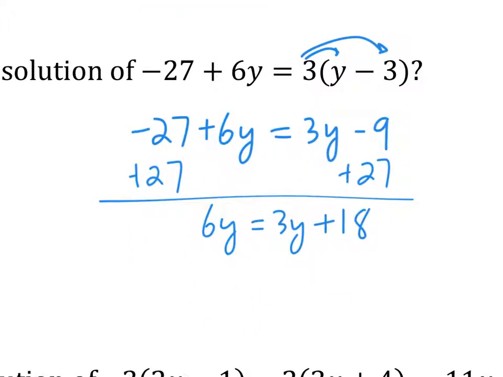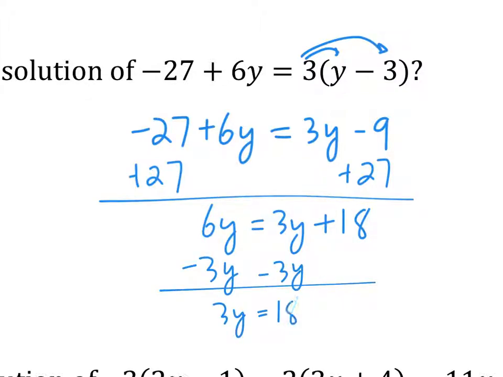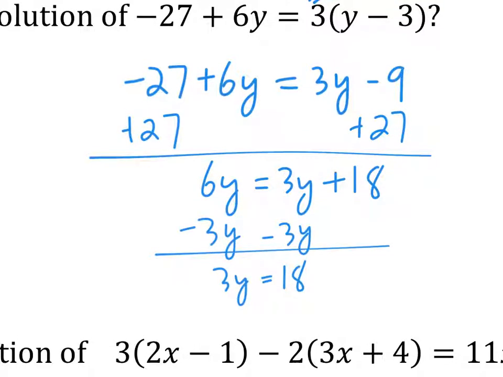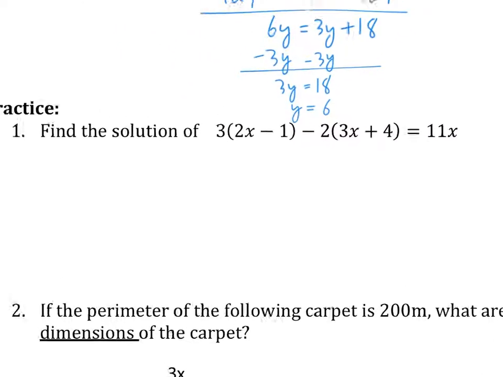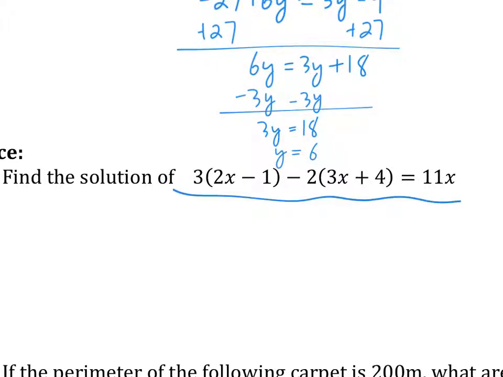And then, yeah, very good, minus 3y. So 3y equals 18. I know you guys are like, this is very easy. I know it's very easy, but we do still need to review just in case. And then y is equal to 6. Easy stuff. Let's have you practice really quickly. So let's have you guys do just number 1, this one.